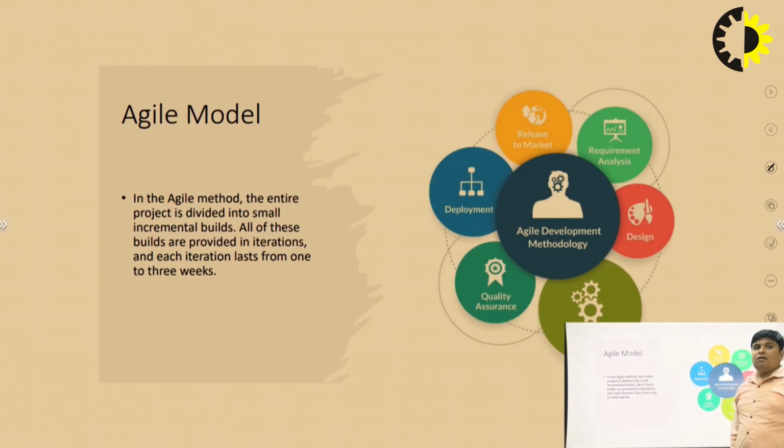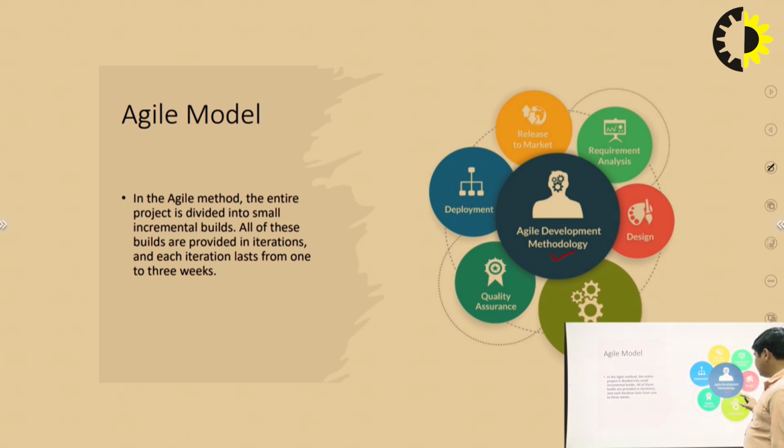Agile model. In the agile method, the entire project is divided into small incremental builds. All of these builds are provided in iterations, and each iteration lasts from 1 to 3 weeks. We will see here, this is the agile development methodology.